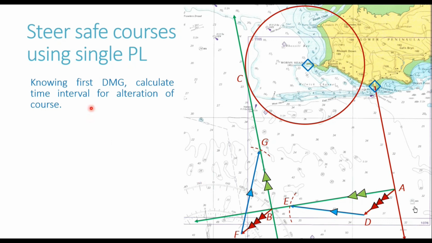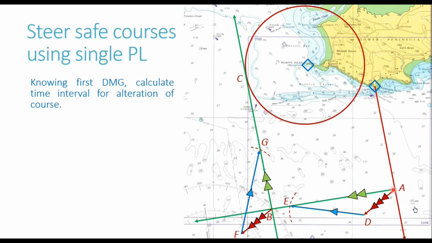Now, the second thing which we were required to find out was what should be the time for alteration. Now, to find out the time for alteration, we know that when we are on our first course, we have to cover a distance equal to AB, Alpha Bravo.